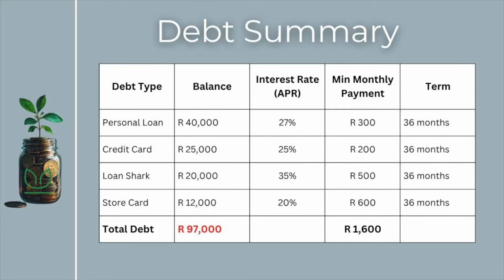Then the third loan that we have is a loan shark, which is 20,000 rands at 35% interest rate, and the minimum here is 500. The term is similar to the other loans. And the last one is a credit card that has a balance of 12,000 with a 20% interest rate and a minimum payment of 600 per month, and it also has the same term of 36 months.